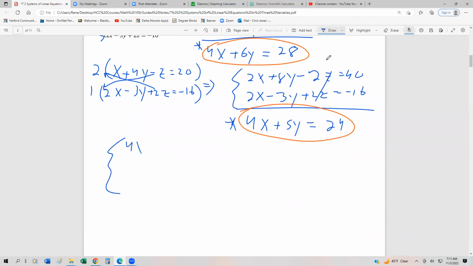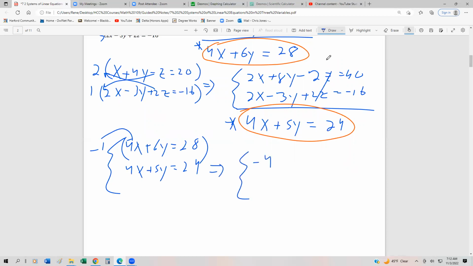So we have 4x plus 6y is 28, and then 4x plus 5y is going to be 24. Let me multiply the first equation by negative 1, because what that'll do is give me the opposite of 4x, and then I can eliminate the x's.